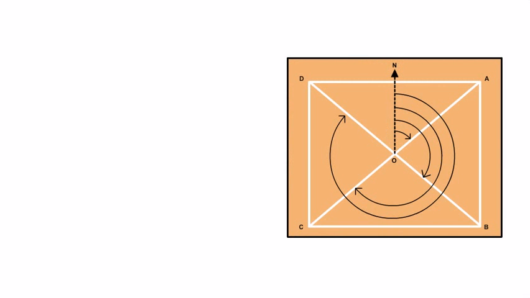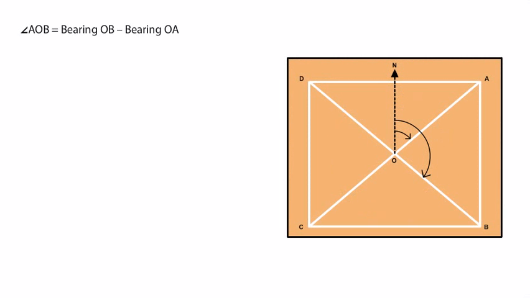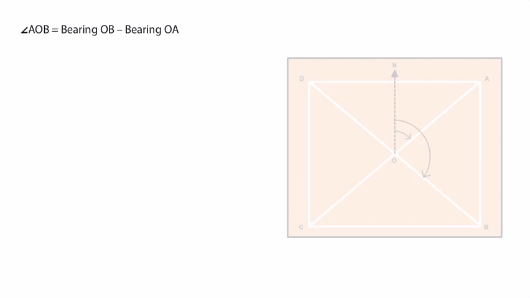So now, let us start computing the angles based on the measurement of the bearings. To begin with, let us find out angle AOB. We can say that angle AOB is equal to the difference between bearing OB and bearing OA.